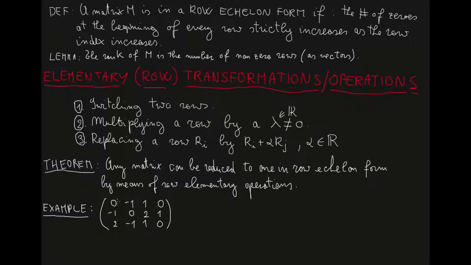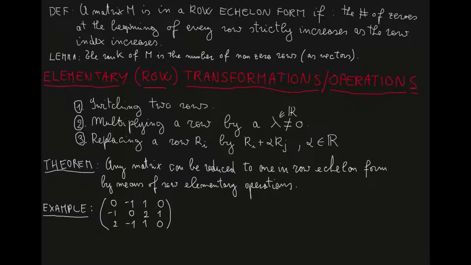So there is no way we can use this scalar by means of the third operation in order to kill this -1. So that means that we cannot use the first row to somehow make the second row look like the one of a matrix in a row echelon form.